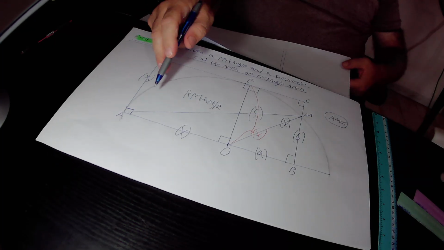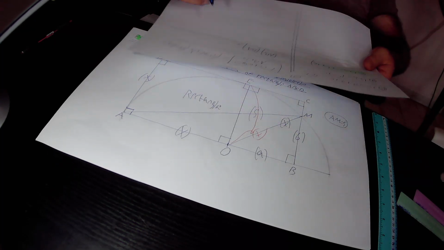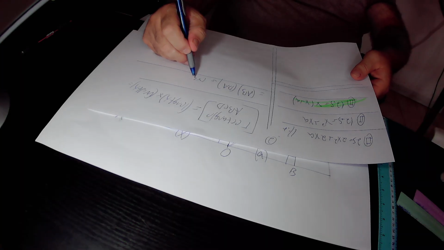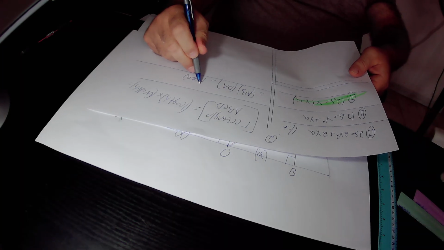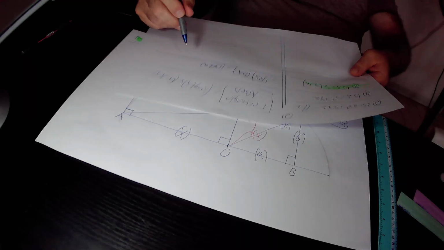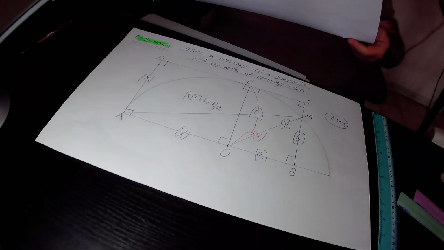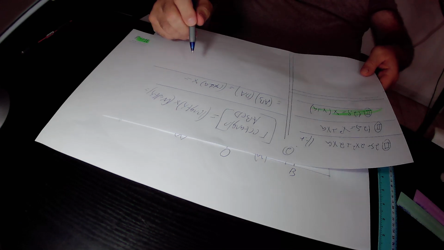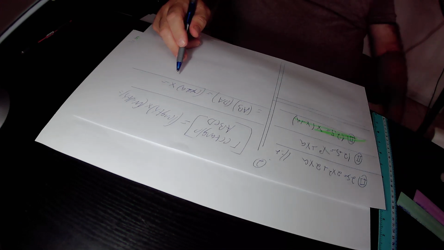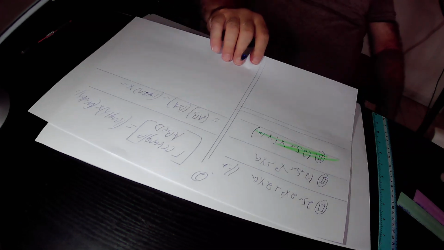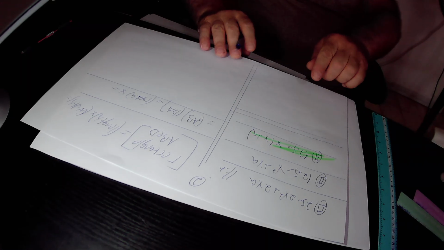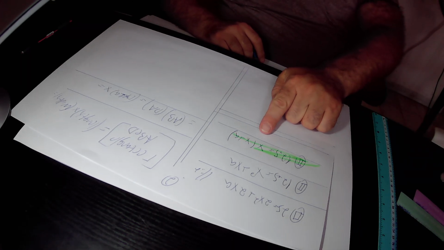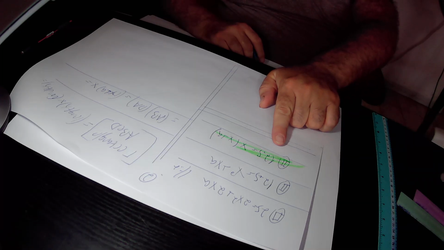AB in total equals x plus a. DA in total equals x. So we find that the area of rectangle ABCD equals (x plus a) times x. But according to equation 2, (x plus a) times x is 12.5.